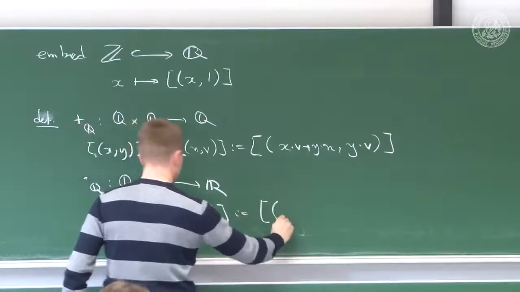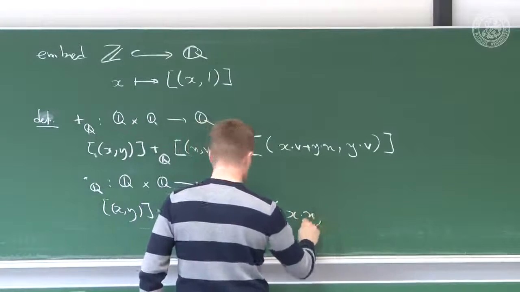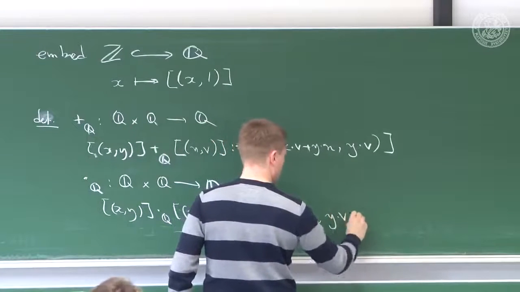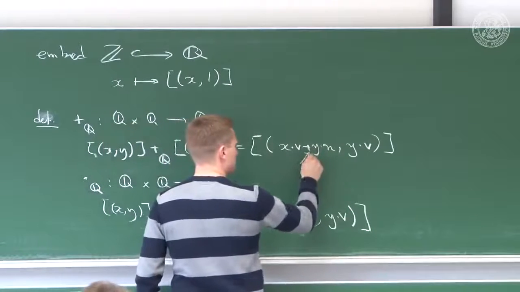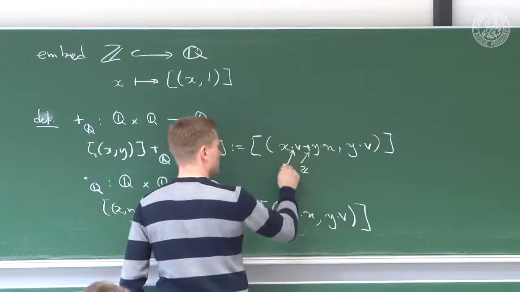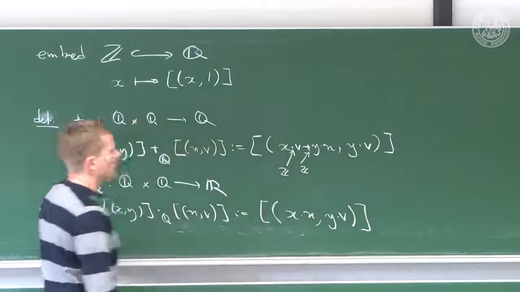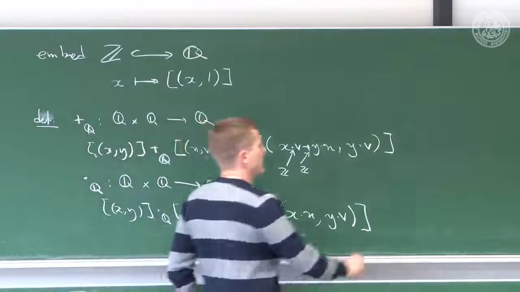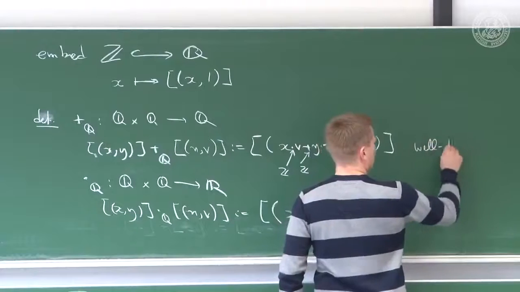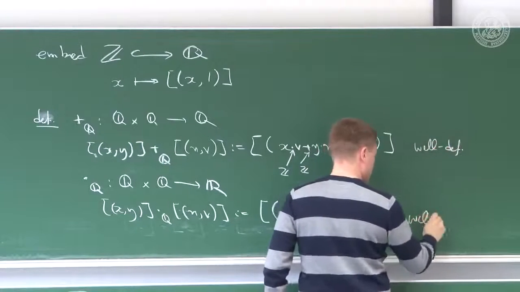That's defined as (xu, yv), where you should note that this is the plus on Z and this is the multiplication on Z. So we're always only allowed, of course, to use structure we already have. Now, these are both well defined, as you may wish to check.